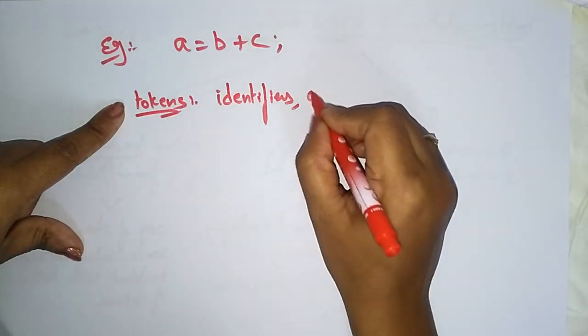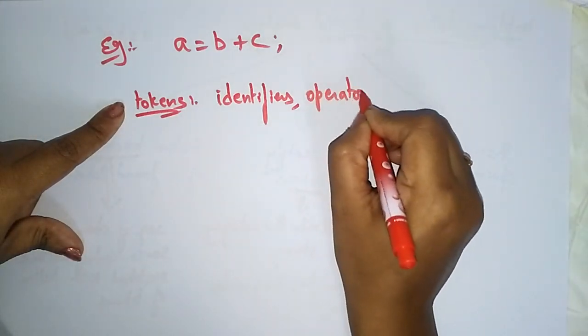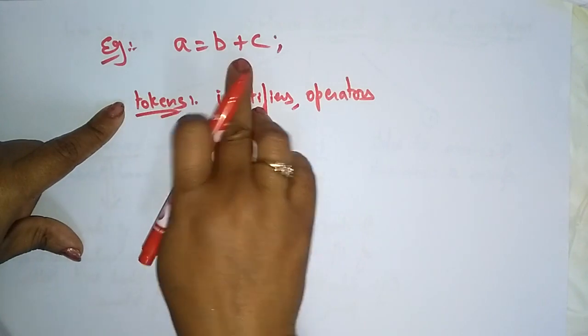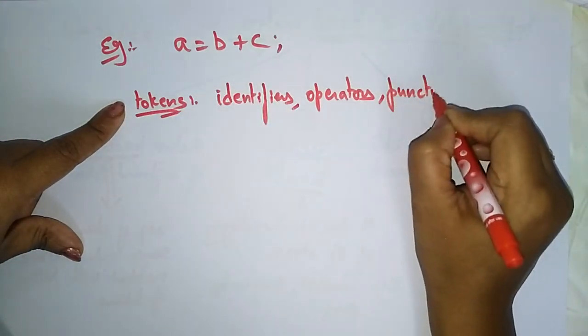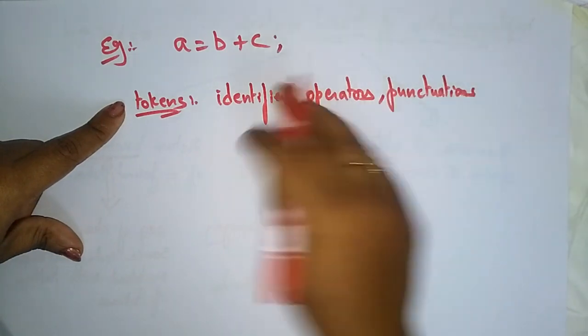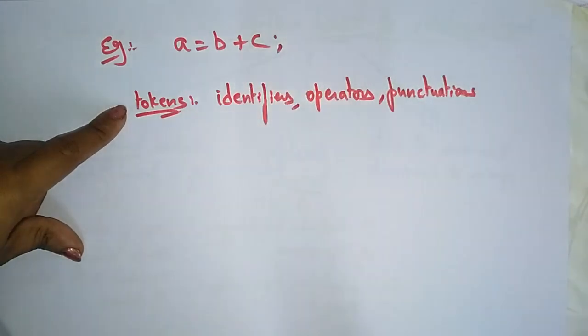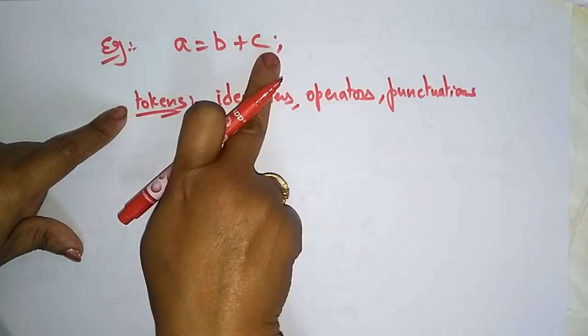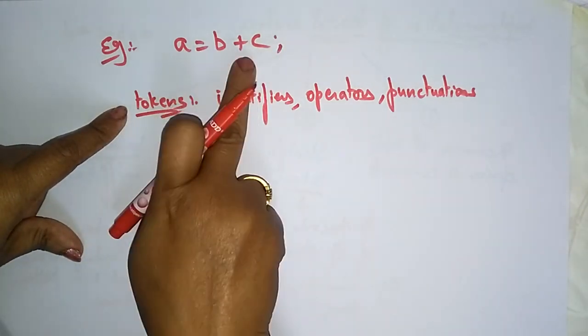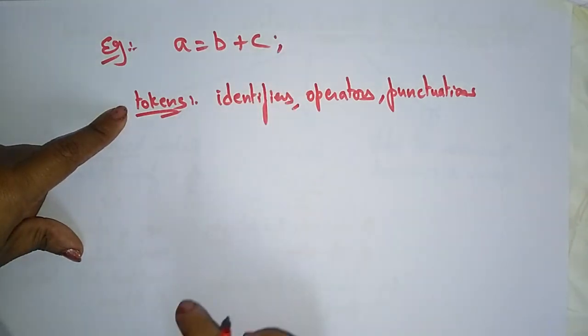And it has the operators. What are the operators? Is equal to and the plus. Two operators are there. And it has the punctuation. What is the punctuation here? The semicolon is the punctuation. So that is a token. The tokens are identifiers A, B, C, the operators is equal to and plus, and the punctuation semicolon.